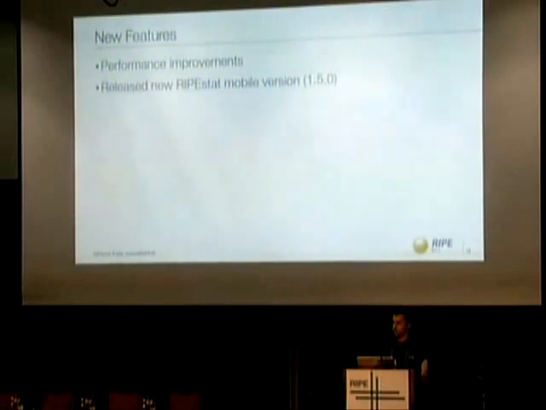We fixed some bugs which appeared in the previous version. Another improvement was the user interface. We improved the user interface for the routing history as well as the AS neighbor history, which I showed before.